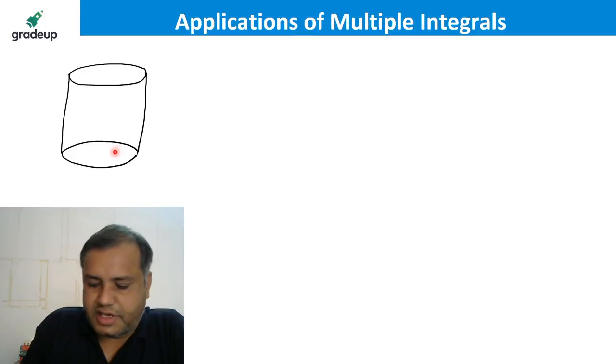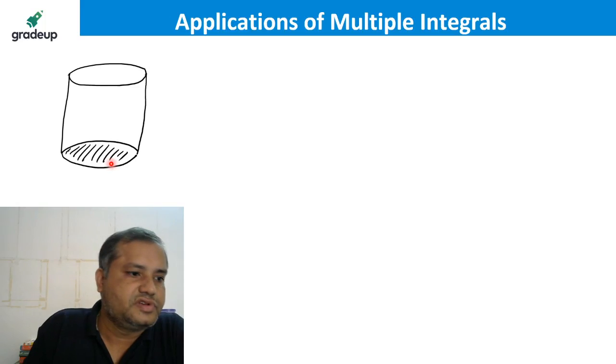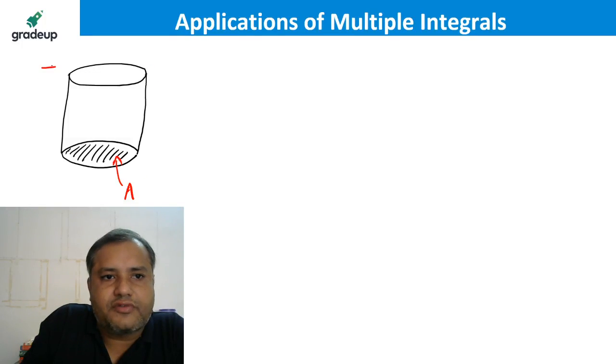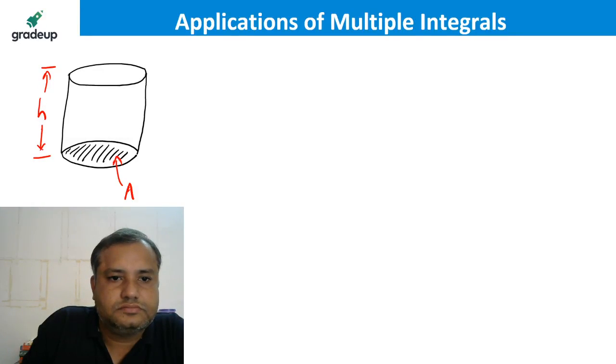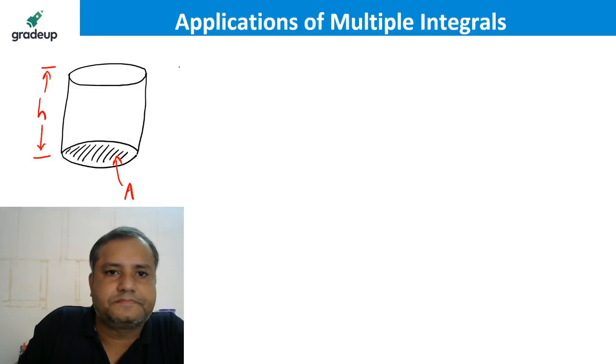So, if I provide you the area of cross section of this bottom face, let us say A, and you are aware of the height h, then what is the volume of this cylinder?